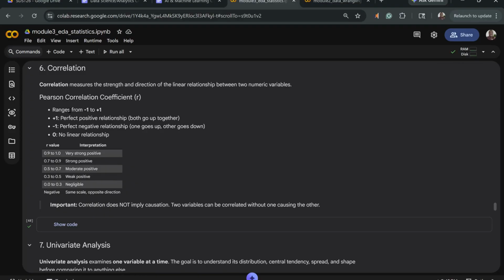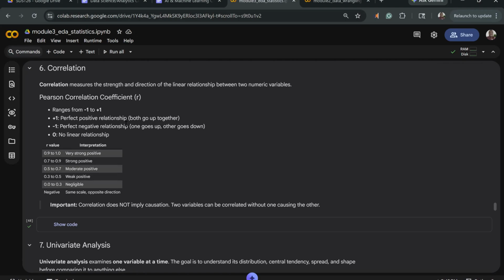Correlation typically ranges from -1 to +1. When you have something close to +1, we have a perfect positive relationship. That is, an increase in one leads to an increase in the other.